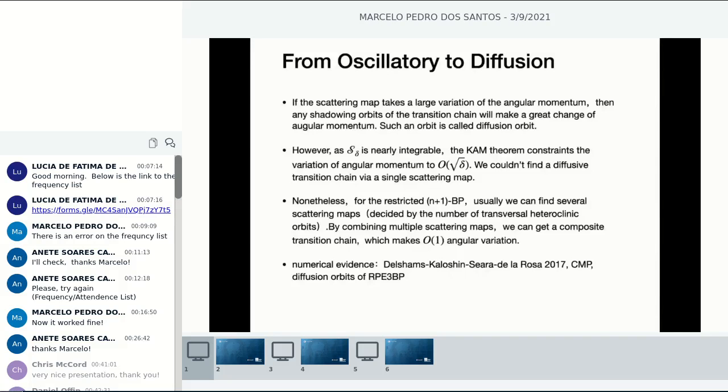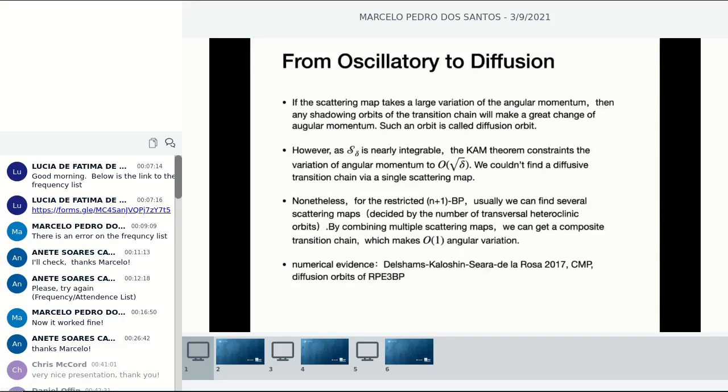However, as we know, S delta is nearly integrable. So basically the KAM theorem will stop the angular momentum from making a great change. The KAM theorem constrains the variation of the angular momentum to the order square root delta, because this is the upper bound for two adjacent KAM tori for the S delta.